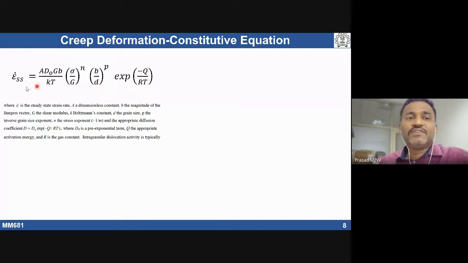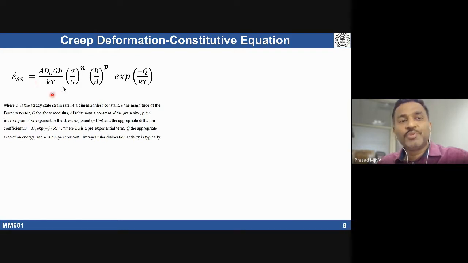If we have a relationship which correlates the steady state creep rate with stress, grain size, and temperature, this is called a constitutive relationship, or constitutive equation. This is a well-known constitutive equation, which has been established quite well for creep deformation of metallic and even ceramic materials.